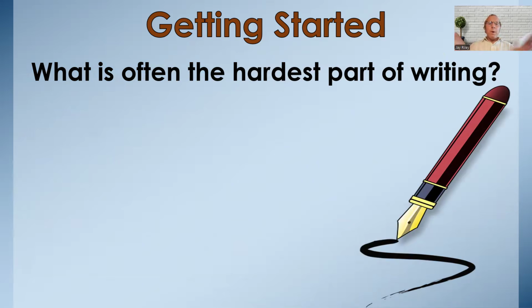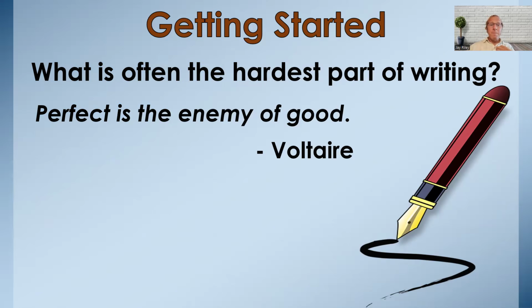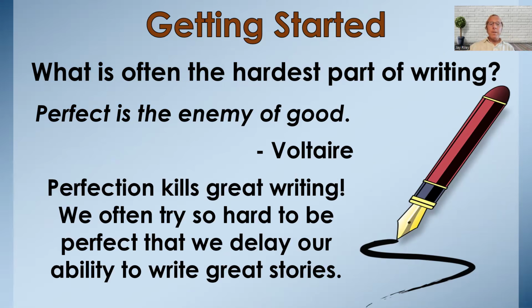Okay, so I want you to think, what's the hardest part of writing for you? I think I gave away what the hardest part of writing for me is. And I've got a quote here that's attributed to Voltaire. It says, "Perfect is the enemy of good." Sometimes we try to be so perfect in our writing that it's really difficult to get started. Don't do that, okay?